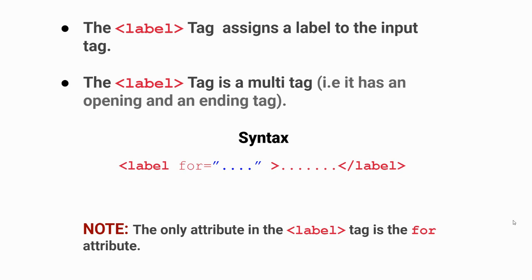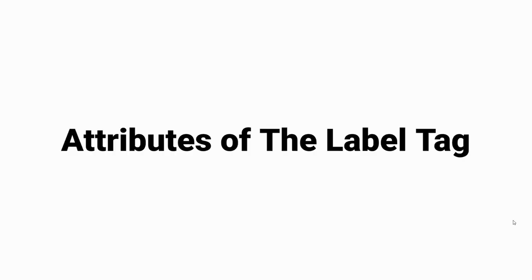Now, funny enough, the label tag has just one attribute, and it's the for attribute. So we'll get to know what that for attribute actually does to the label tag very soon. The for attribute is what we'll be dealing with in this section.